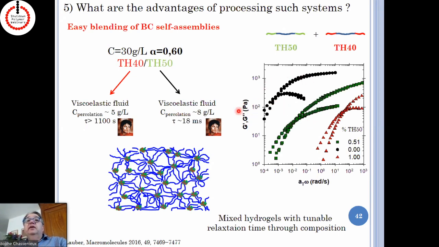If you take, for instance, two polymers, one with a very, very high relaxation time here, and one with a very low relaxation time here, and if you mix them together, you can have an average relaxation time, which means that your gel consists in a mixture of both these block copolymers inside water.